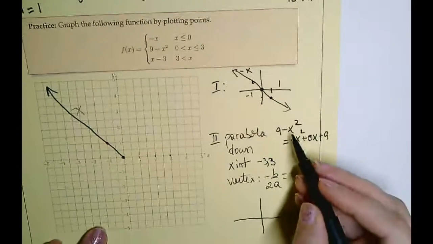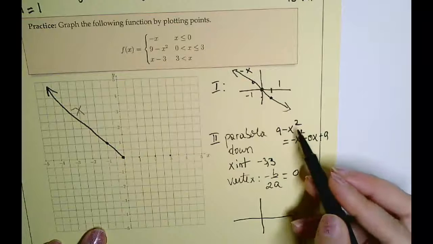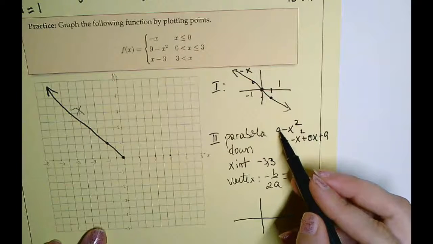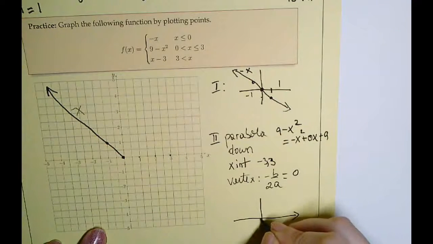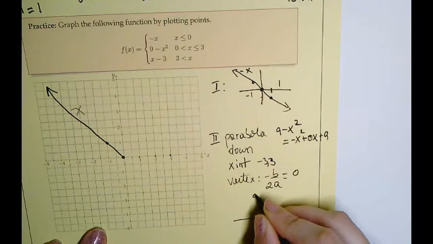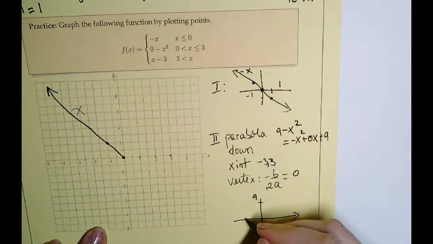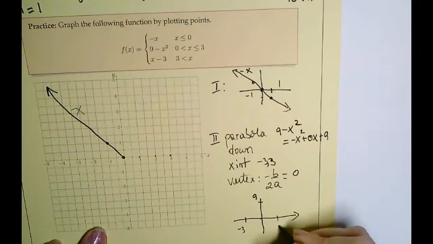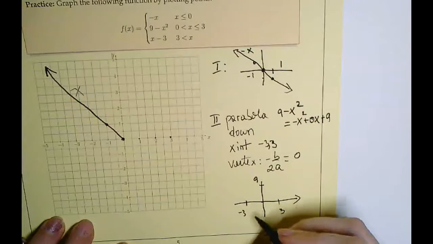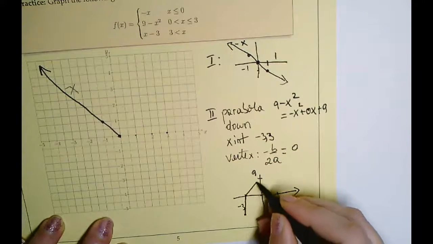And what is the y value when x is 0? When I plug in x is 0, I get that the vertex happens at 9. So the vertex is at 0, 9. And then the x-intercepts are -3 and 3. And the parabola opens down. So it will be like this.